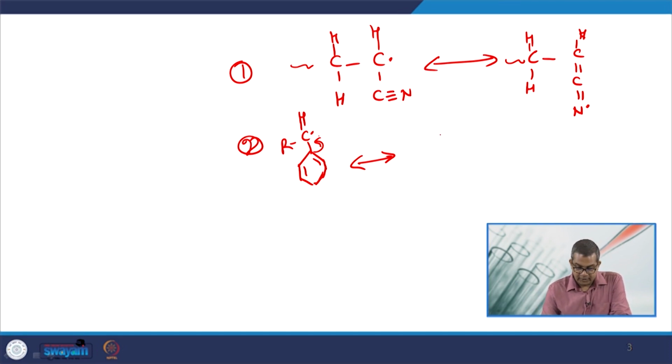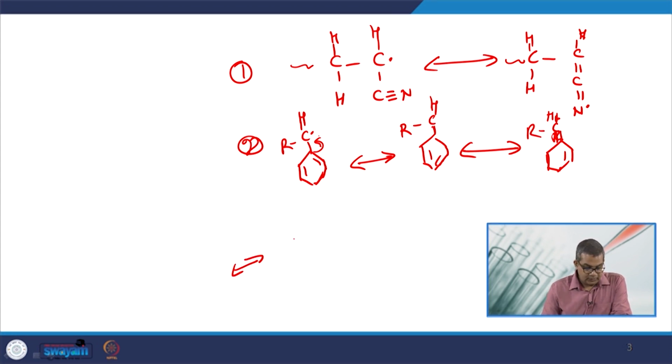If you recall, in the previous lecture we discussed that there are 5 different types of resonating structures which are possible for carrying out these polymerization reactions. Now this is the third one, and the fourth one here.